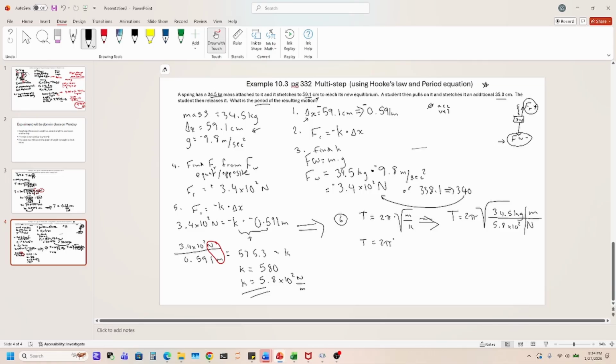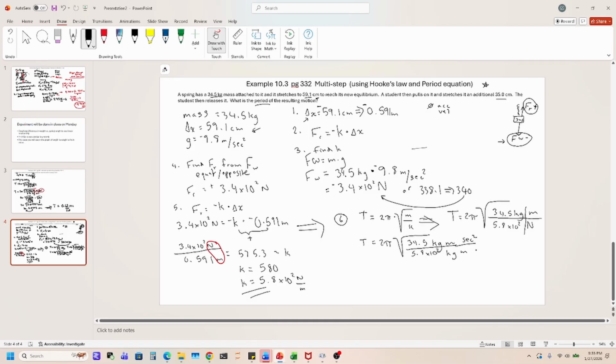T equals 2 pi, we're still working under this here. We've got my 34.5 kilograms divided by our 5.8 times 10 to the second. So newtons will break down into kilograms meters per second squared. See, all of a sudden the seconds moves onto the top, right?